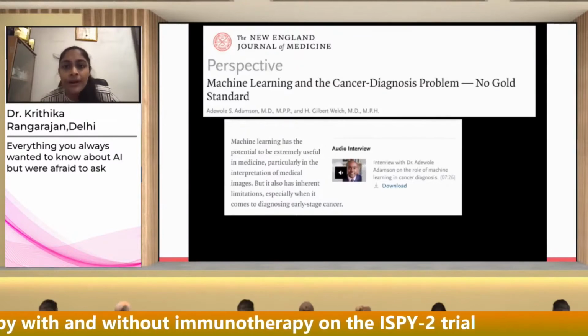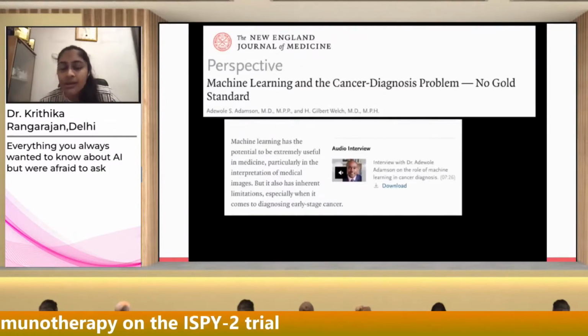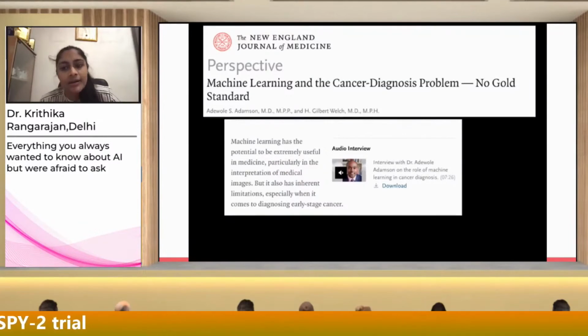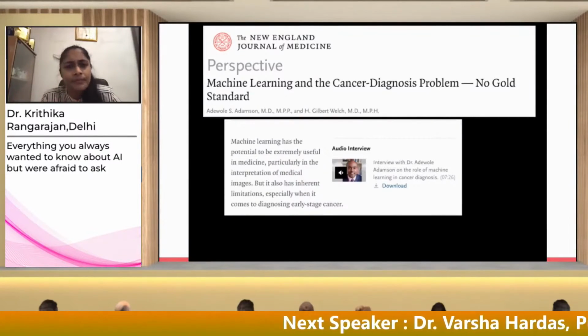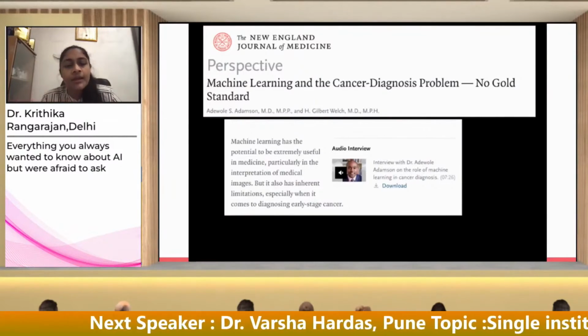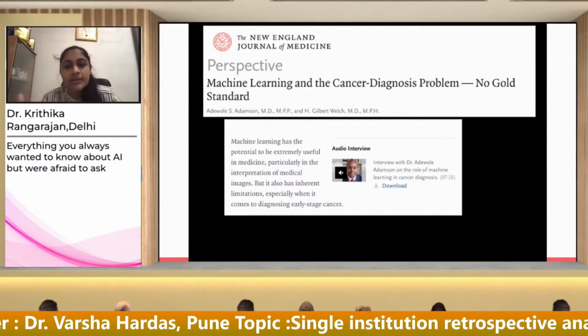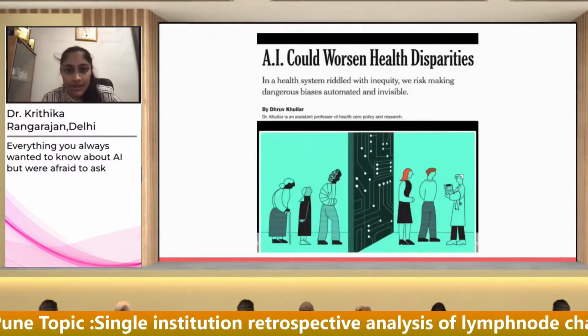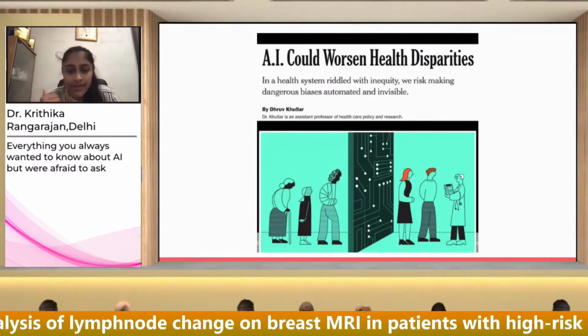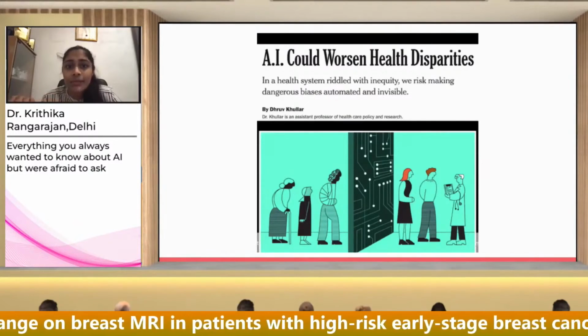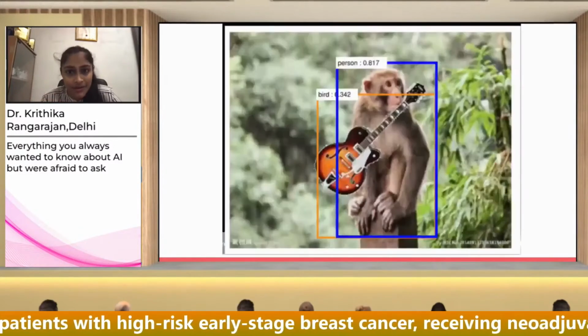And therefore, if you use a non-standard, non-histological gold standard for training these algorithms, there would be a lot of noise in the way these algorithms are actually trained. And if we don't take care of such biases, AI could actually end up worsening healthcare disparities across the world.